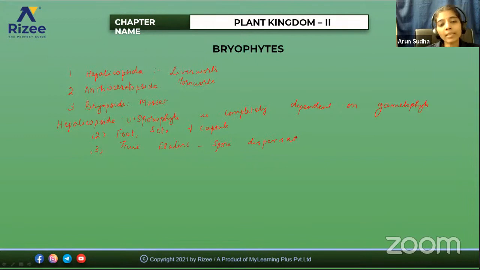And also, based on the type of rhizoids present, the rhizoids are unicellular and unbranched.